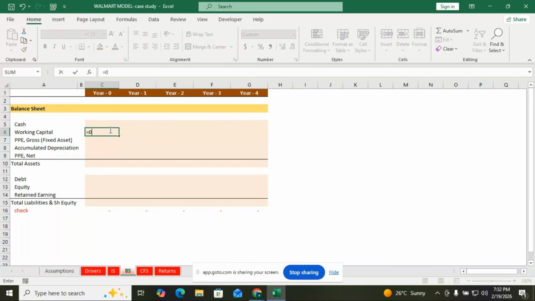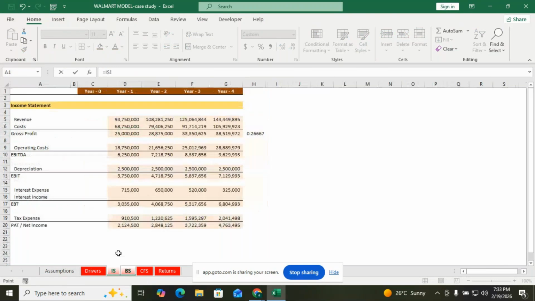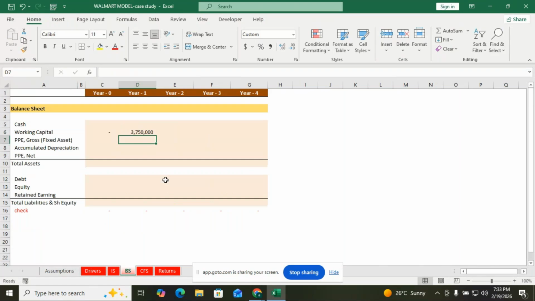So we can just give it as equals to 0 and then start from year 1: equals to your revenue into 4%. You should be able to get the working capital 37,50,000, and you get it for the rest of the years. Please calculate the working capital.